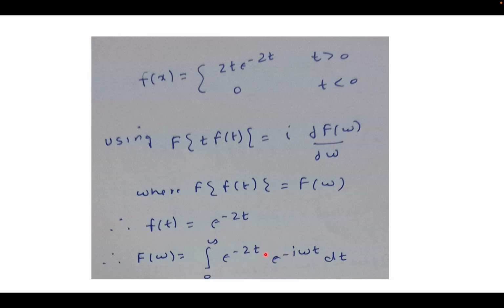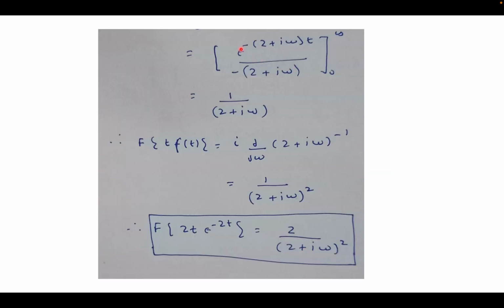It will be e power minus (2 plus iota omega) t, and in the denominator you will have minus (2 plus iota omega), integrated from 0 to infinity. When t is infinity, this whole term goes to 0, and when t is 0 you get 1. The minus and minus signs combine to give a plus sign, and F(omega) is equal to 1 upon 2 plus iota omega.